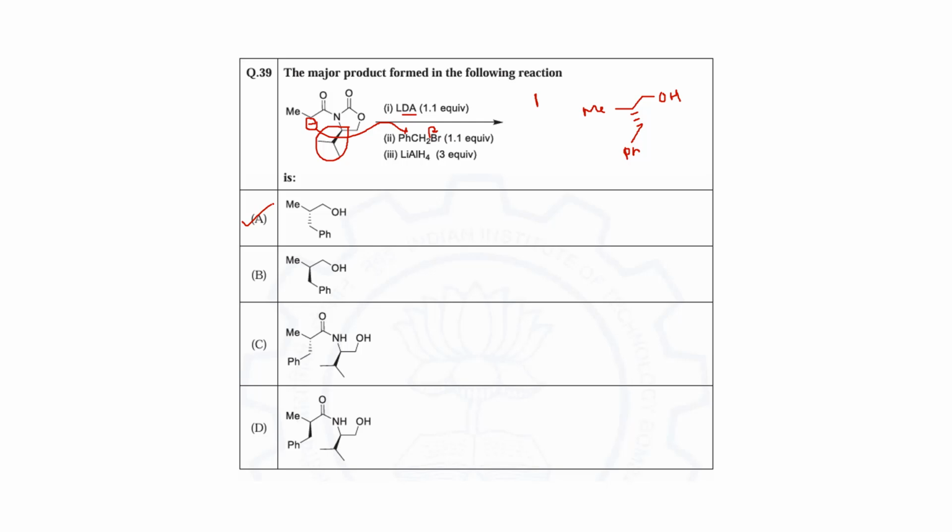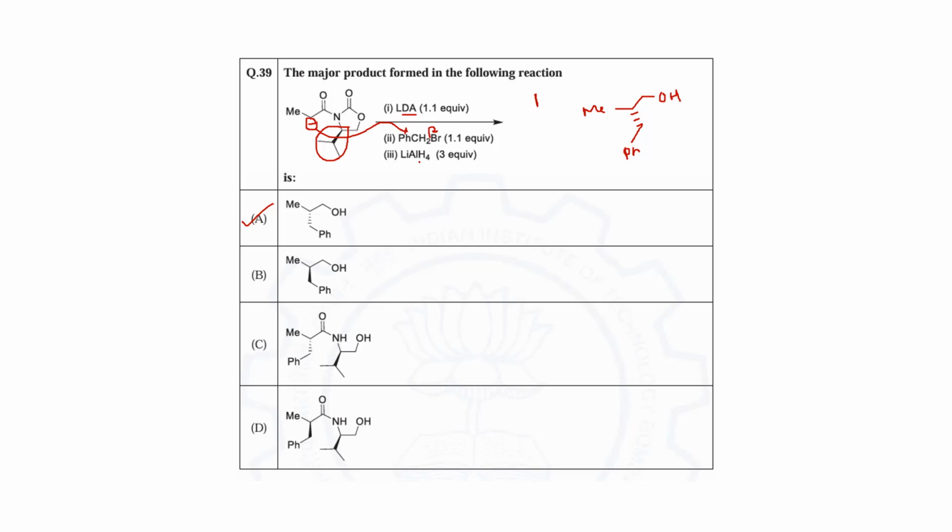Understood, right? What is happening here? It is just taking one proton from this alpha position. After that, it is attacking this electrophile. As this auxiliary group already has an isopropyl group above the plane, obviously the upcoming group will come from below the plane, and this benzyl group will come from below the plane.